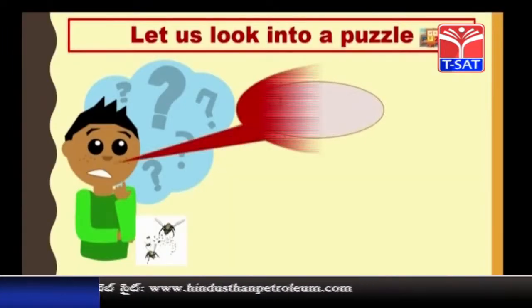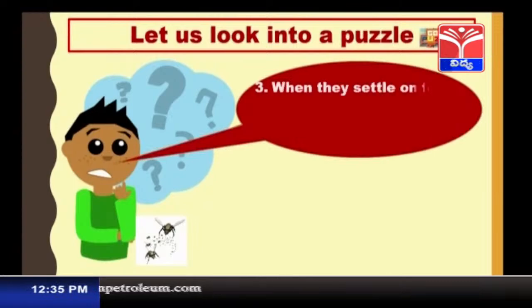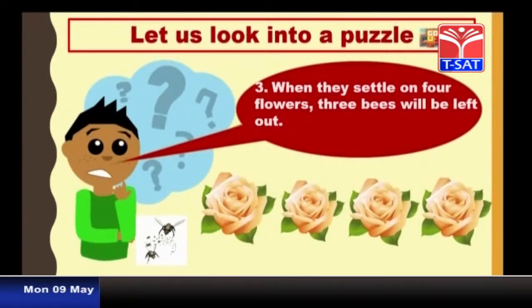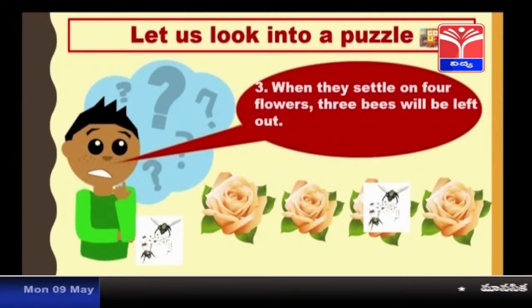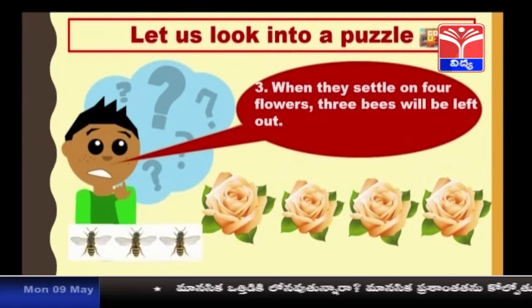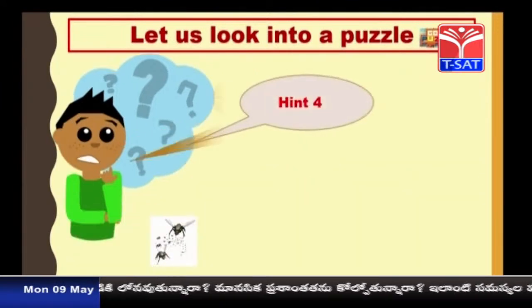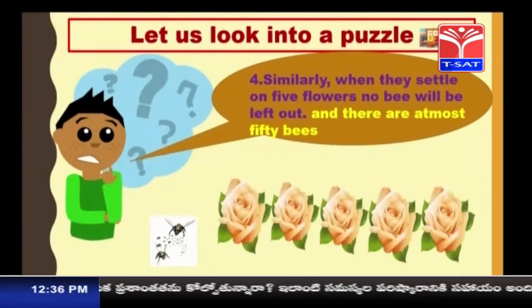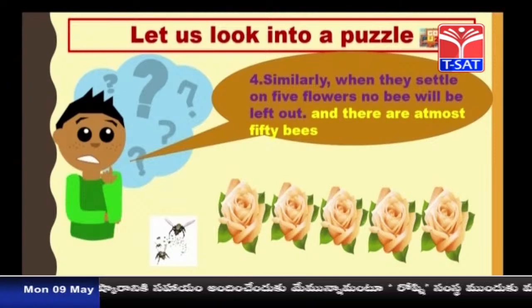Let us see the third hint. When they settle on four flowers, three bees will be left out. So there are four flowers, and an equal number of bees settle on the first flower, second flower, third flower and the fourth flower, then three bees are left out. Hint 4, similarly when they settle on five flowers, no bee will be left out and there are at most 50 bees.